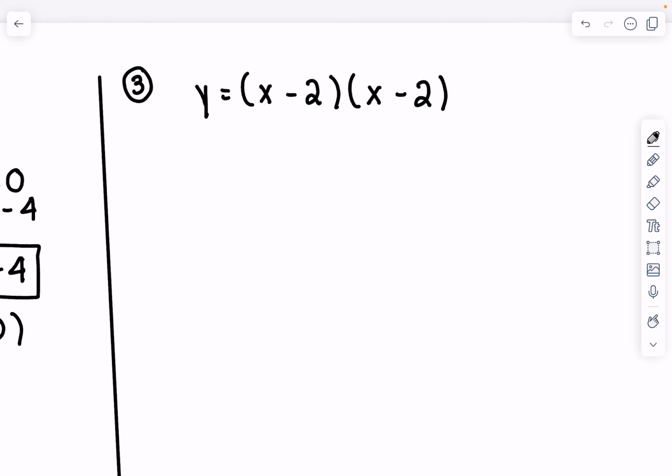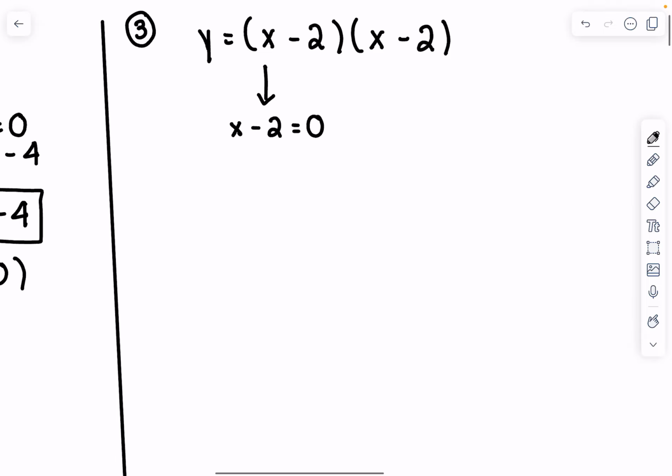What this means is you only have one x-intercept, which we're going to graph out in a second. So I'm just going to solve this bracket once because I'm going to get the same value either way. So using my same opposite operations rules, I'm going to add 2 to both sides, cancels out on the left side, and I get down to x1 is equal to 2.